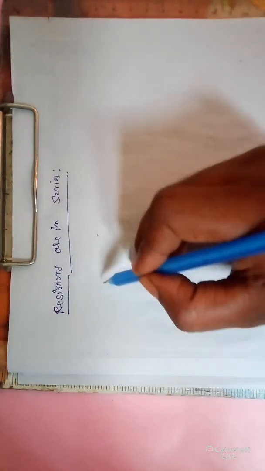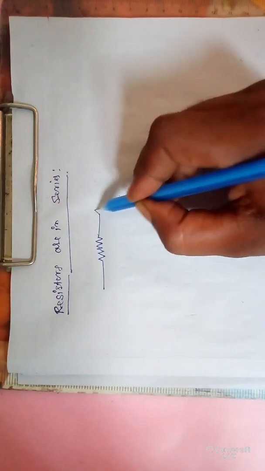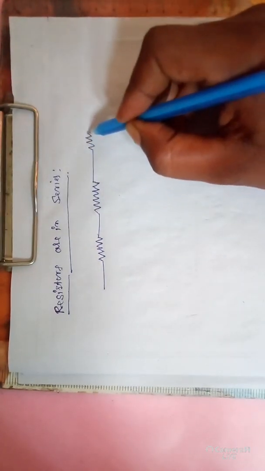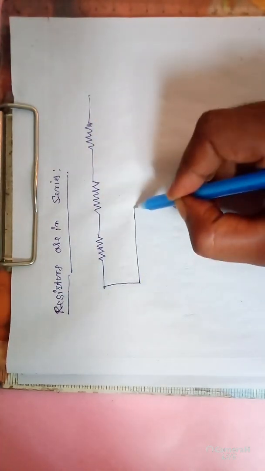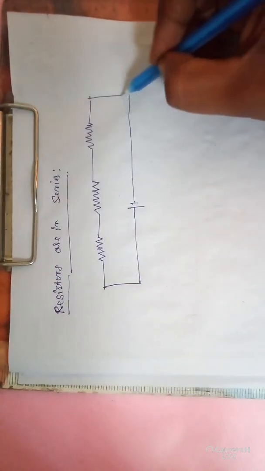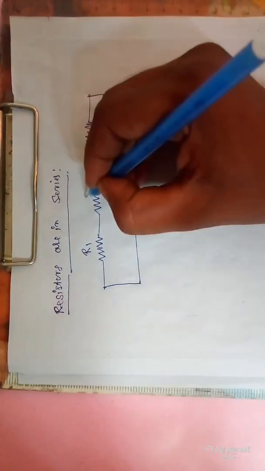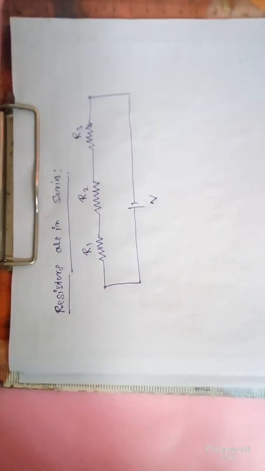Let us consider three resistors are there: first, second, third, and all these are connected with a potential difference V. The resistors, first one is R1, second one is R2, and third one is R3.